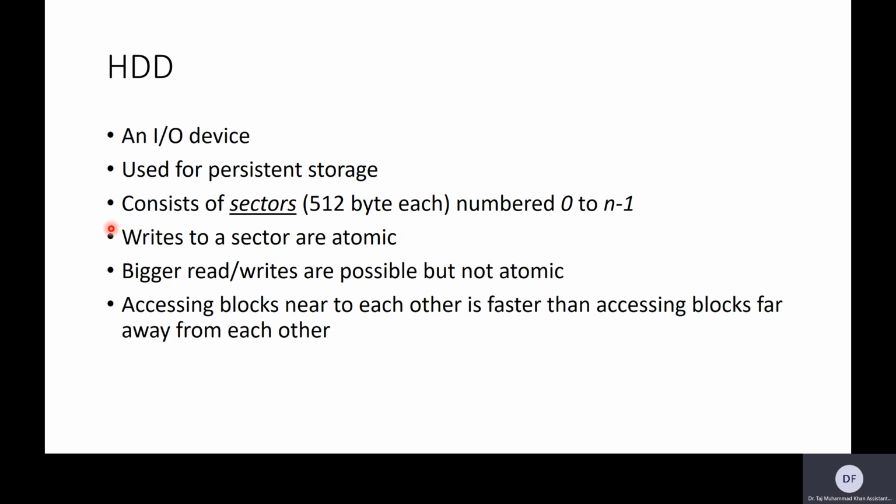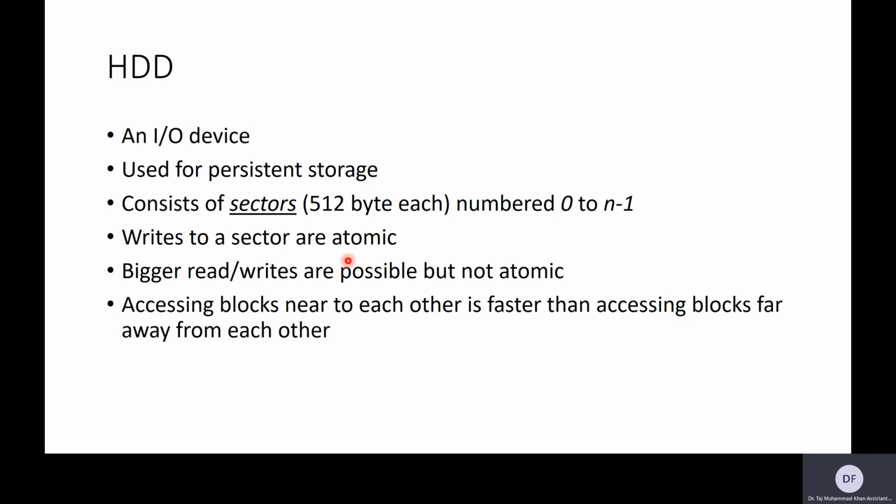The hard disk manufacturer guarantees us that writes to a sector are atomic. Which means when I/O is done on the hard disk, it is done in units of sectors, and reading data from one sector or writing data to one sector is atomic. When we write data to one sector, it will either be written whole, the operation will complete, or it will not happen at all.